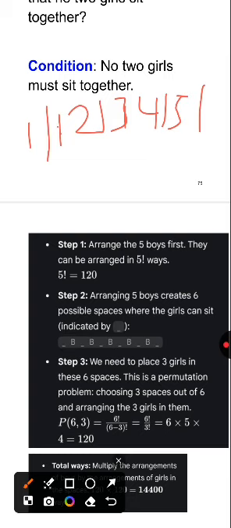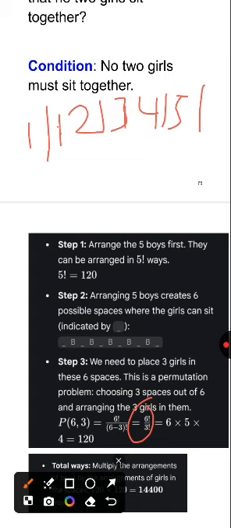So here we take the permutation of 6 spaces, taking 3 girls at a time. How many ways can this be filled? So we use this approach, and then we have this factorial. Here 6 is for n.